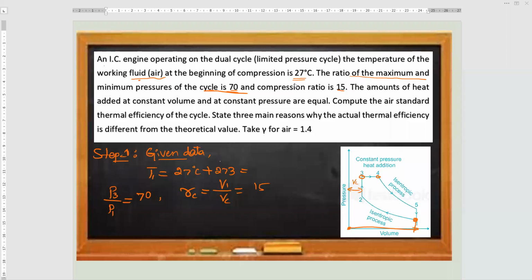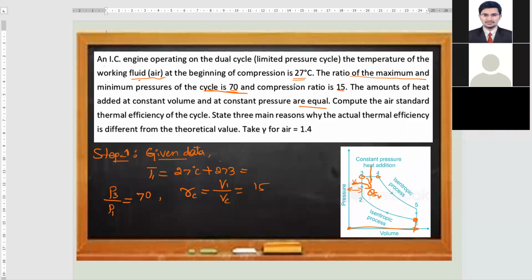The amount of heat added at constant volume. Which process is at constant volume? That is 2 to 3. So heat added during 2 to 3, that is heat supplied at constant volume, and at constant pressure, both are equal. Whatever heat they have added during these two processes, both are same.